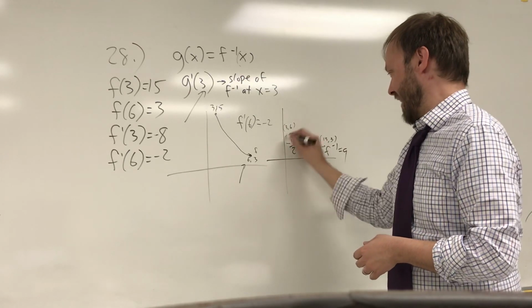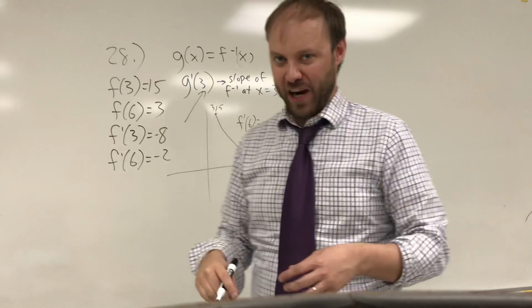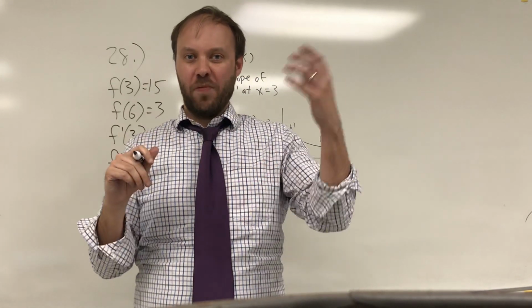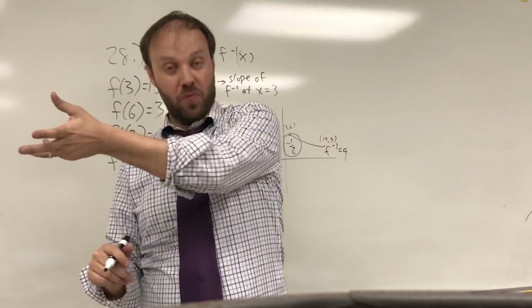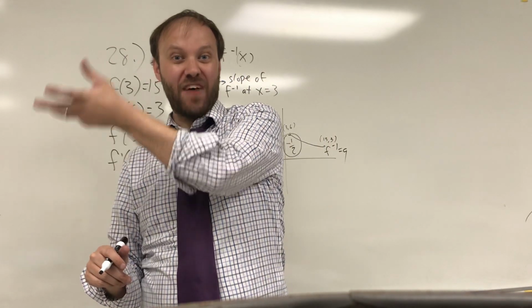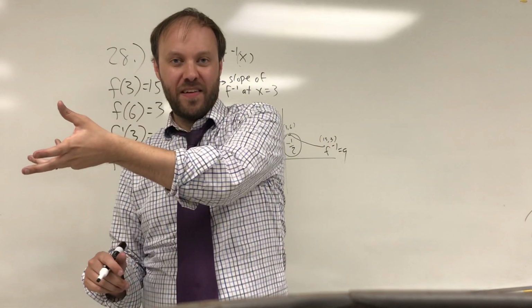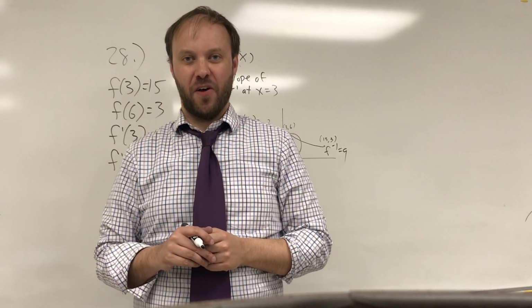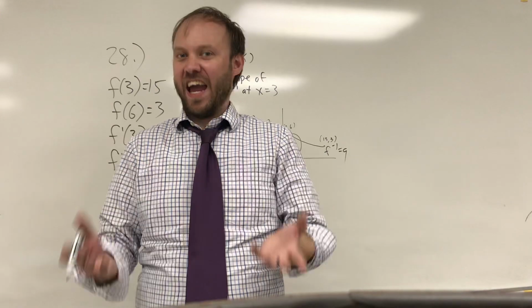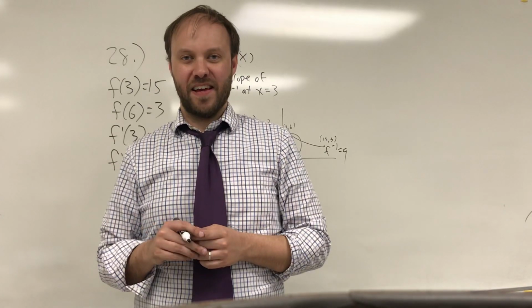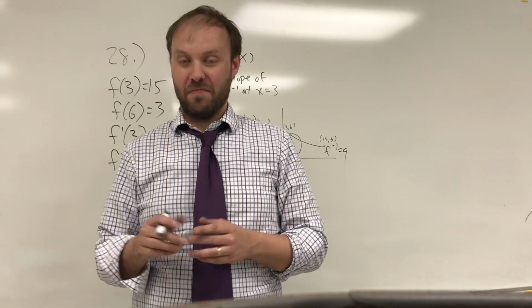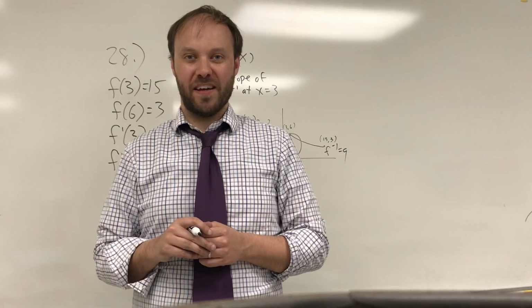It'll be -1/2. Again, it's weird because you've got to figure out that your x's and y's have switched and figure out what point on the inverse matches up with what point on the original function. Find that slope, and then you have to flip it to find the slope of the inverse function. So again, not a lot of calculus there, just knowing that a slope is a derivative. A lot of pre-cal there, or Algebra 2, or stuff coming from both classes.